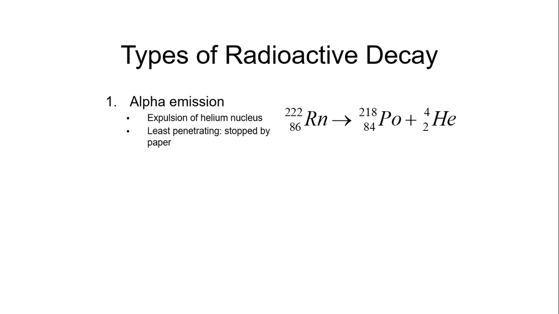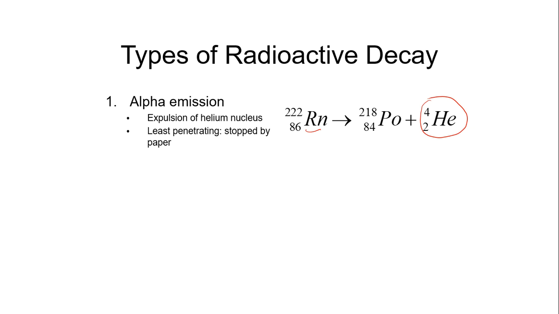All right, let's look again at the three different types of radioactive decay. The first is alpha emission. We already hit on this a little bit. An alpha emission is basically the expulsion of enough nucleons to form a helium nucleus. So here's your helium nucleus, which is taken out of radon.